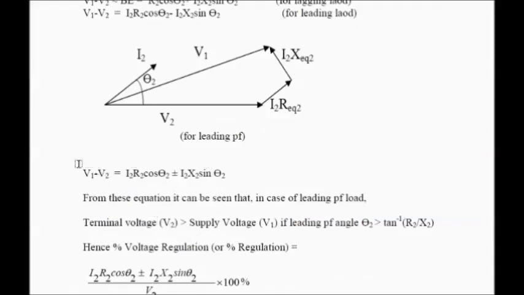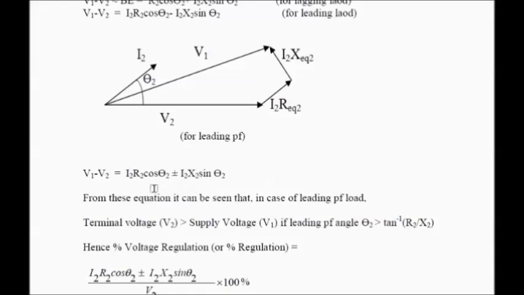From this formula of V1 minus V2, we can see that the terminal voltage V2 can be more than supply voltage V1 for a leading power factor load if theta 2 is more than tan inverse of R2 upon X2. To get this, V1 minus V2 should be less than 0, and for that I2 R2 cos theta 2 minus I2 X2 sin theta 2 should be less than 0.